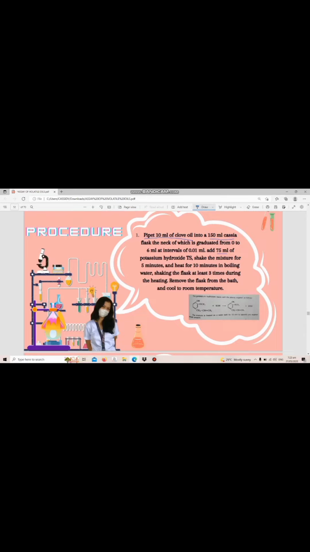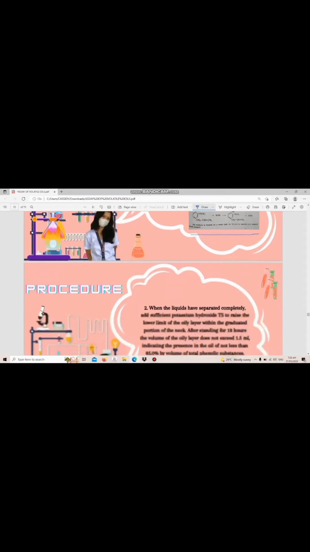Remove the flask from the bath and cool to room temperature. And as you can see here in this structure, the potassium hydroxide reacts with the phenol eugenol as follows. The mixture is heated on a water bath for 10 minutes to saponify any eugenyl acetate present.